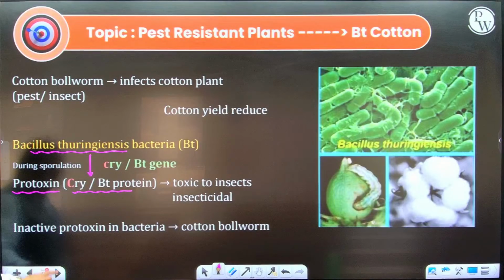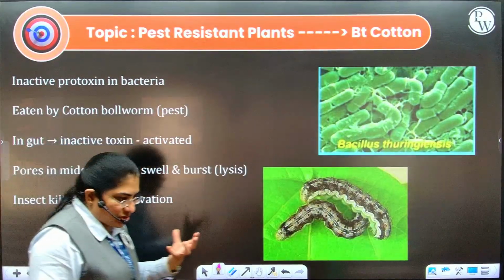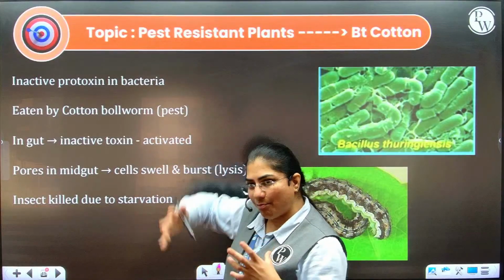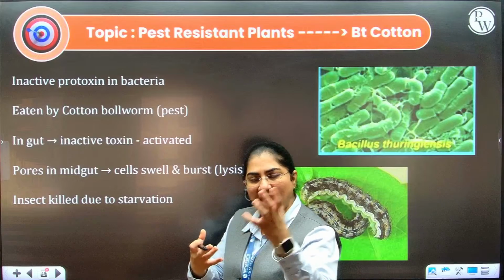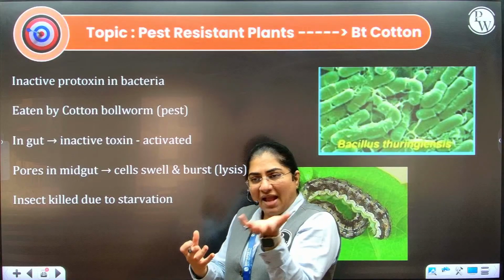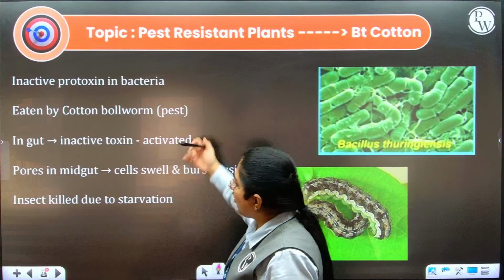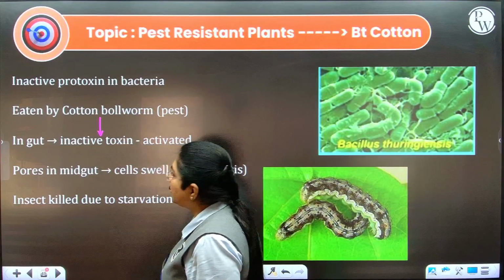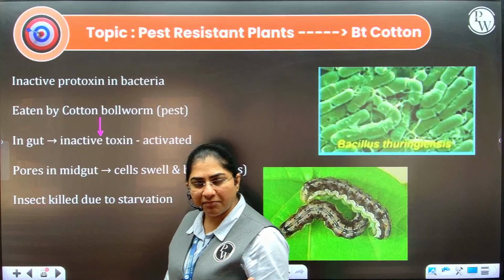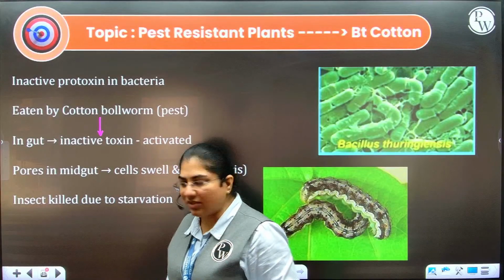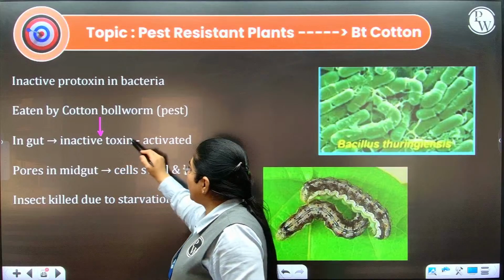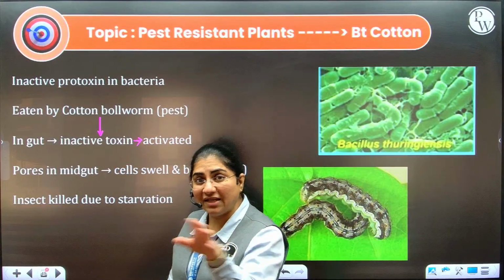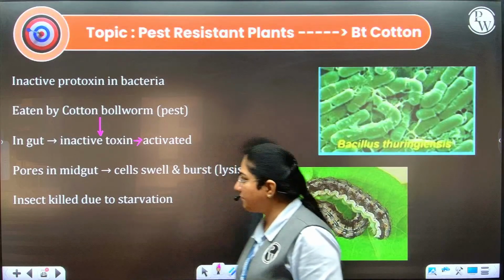Once the cotton bollworm goes and eats that particular part of the plant which had that bacillus and that prototoxin, it enters the gut of the insect. Once it enters the gut, the inactive toxin is activated, because of the alkaline pH of the gut.